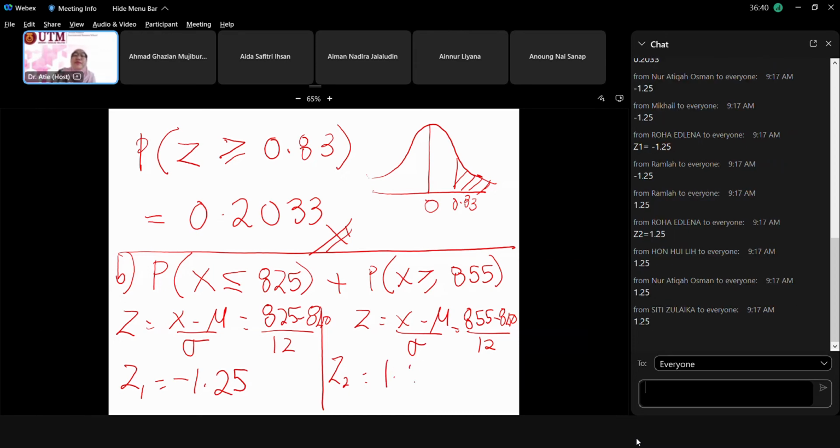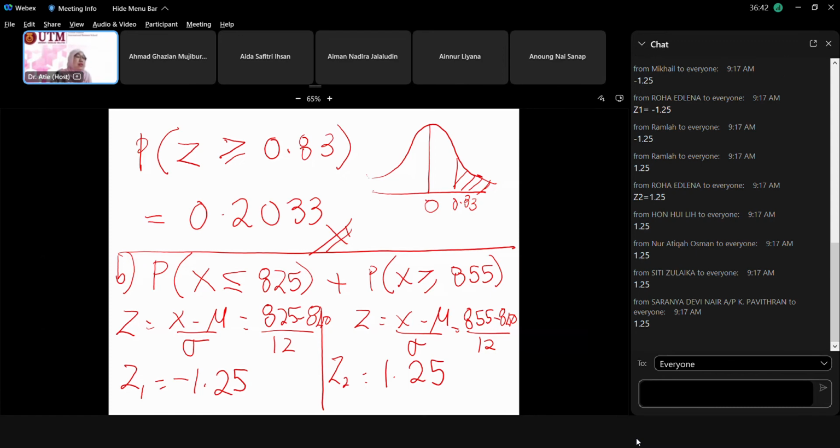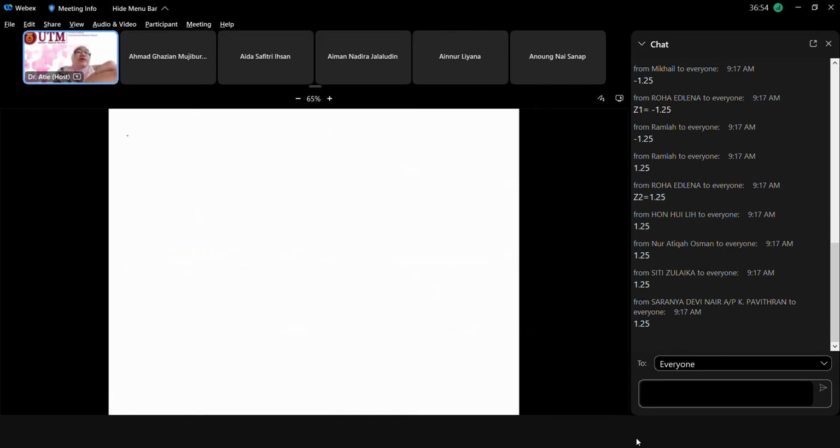1.25 positive, right? This is a good answer, because I can already predict the location in the graph. So the first one is P(Z less than negative 1.25), and then P(Z more than 1.25). Let's draw the curve.